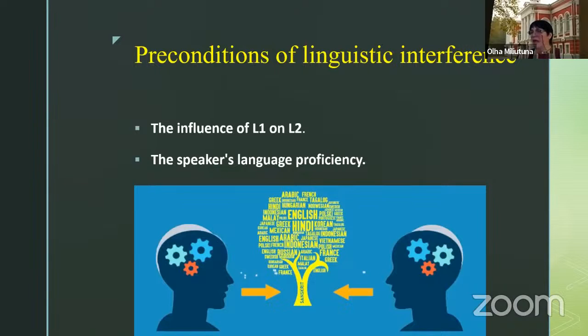There are at least 2 preconditions of linguistic interference. First and foremost, it is the influence of language 1 on language 2. Well, you see, a person's speaking skills in language 1 can, to some extent, affect the speaking skills in language 2, resulting in the transfer of linguistic elements from the first or native language to the second one.